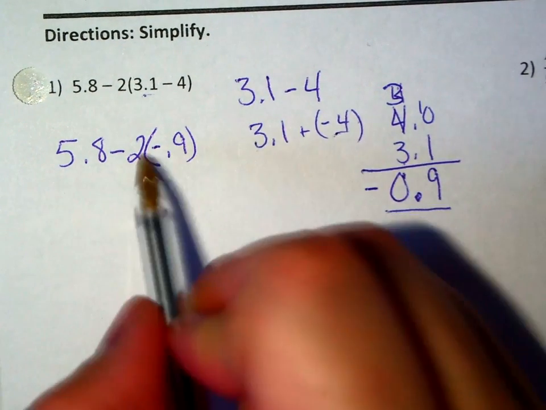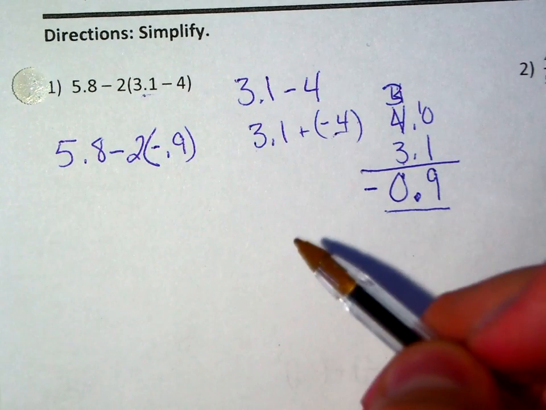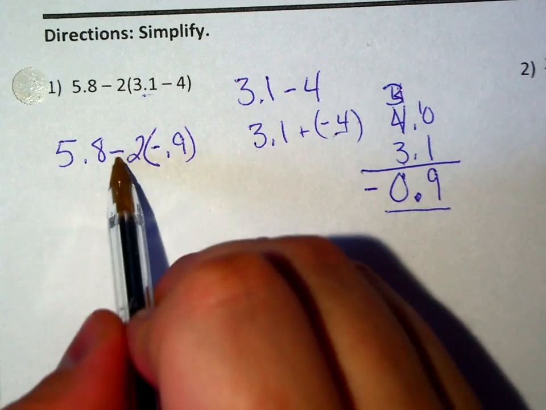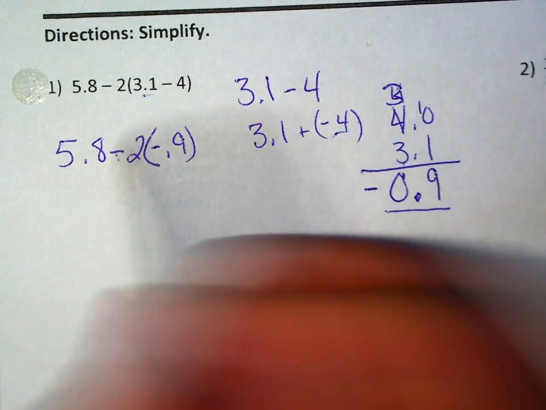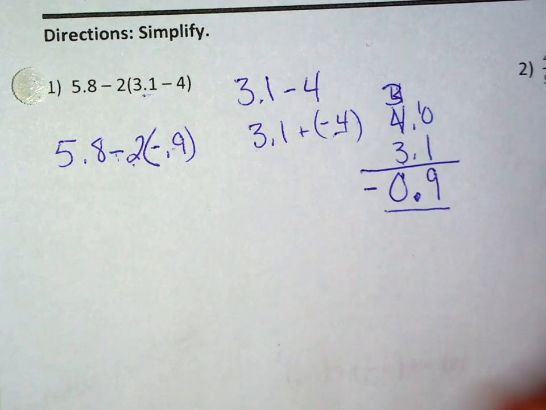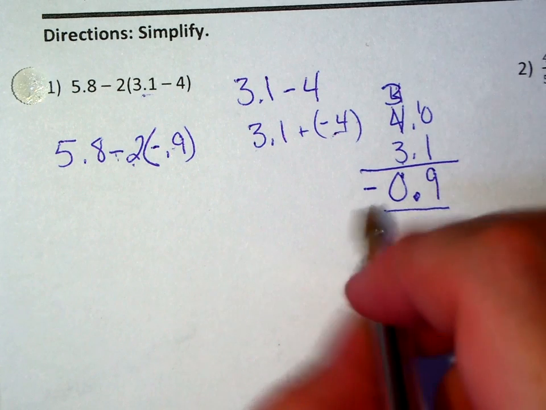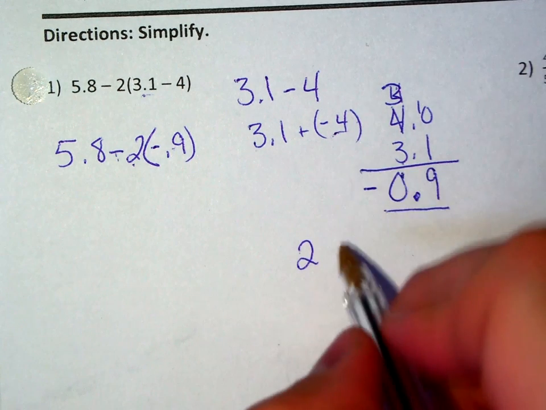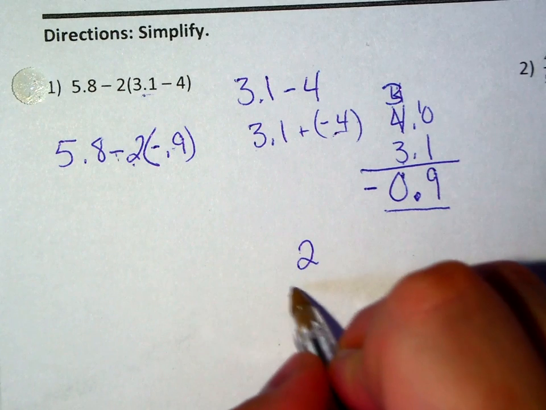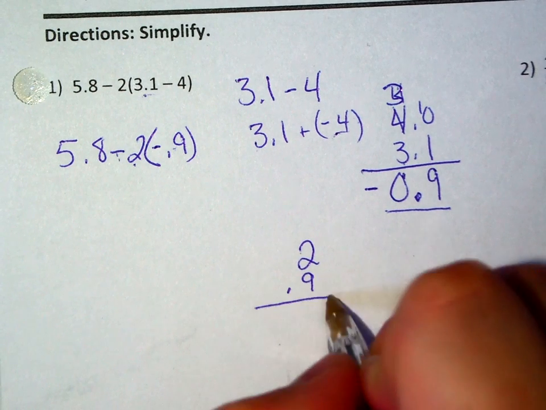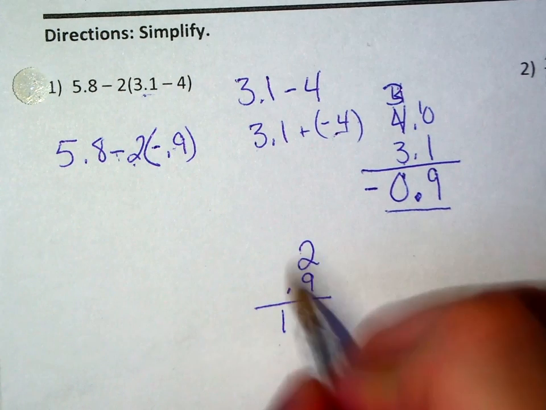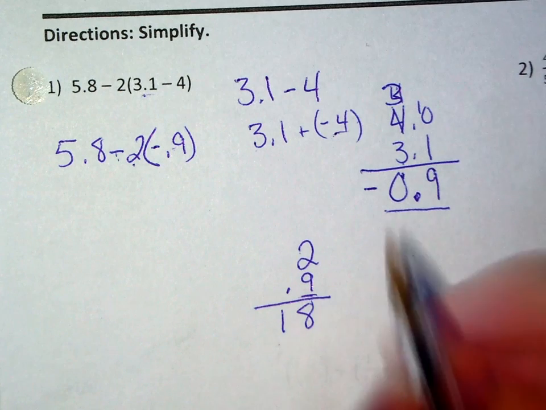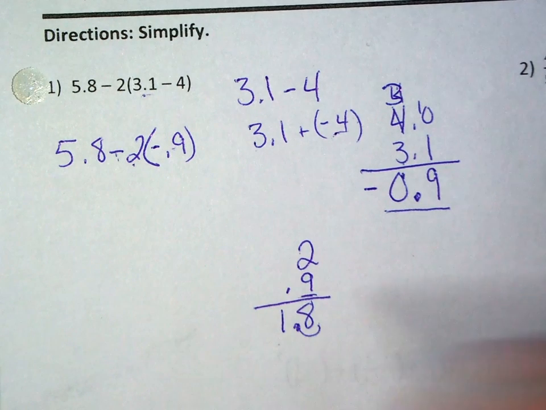And so now I'm going to multiply, because multiplying is lower down on my order of operations, but it still is before subtracting. So 2 times 0.9. And since we have one decimal place here, we need to move our decimal over 1 unit.